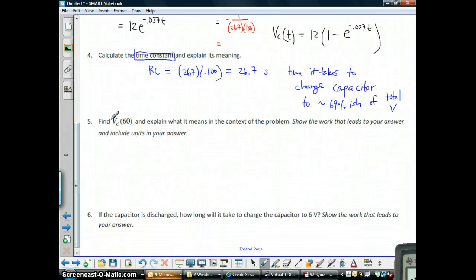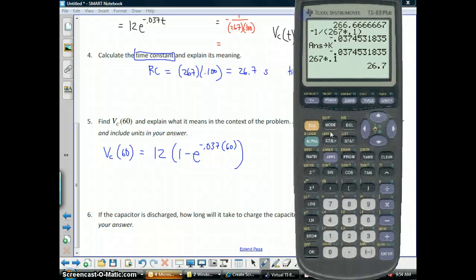Okay, moving on. VC of 60, that means I'm going to plug in 60 into this equation. 1 minus e to the negative 0.037 times 60. So plug it all in. Make sure to put parentheses around that number.